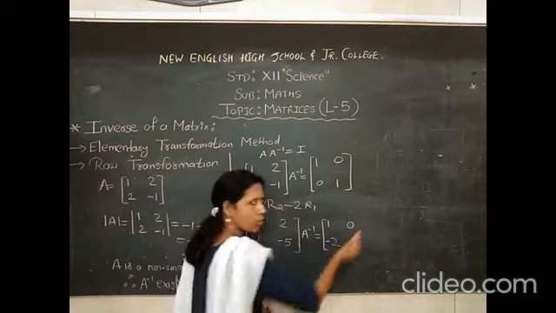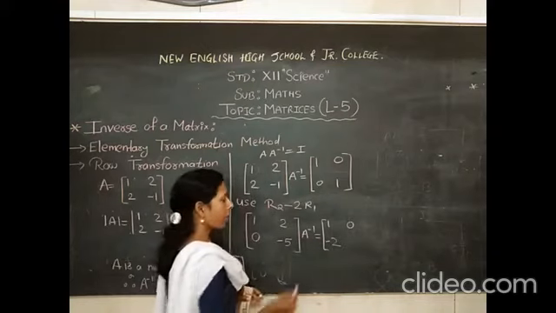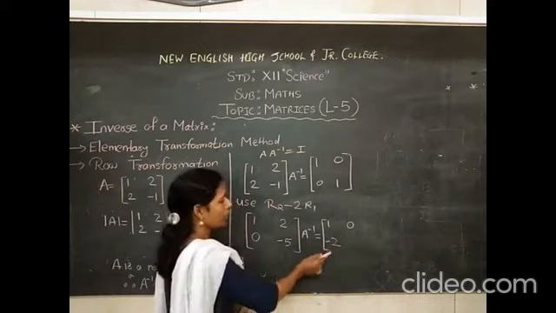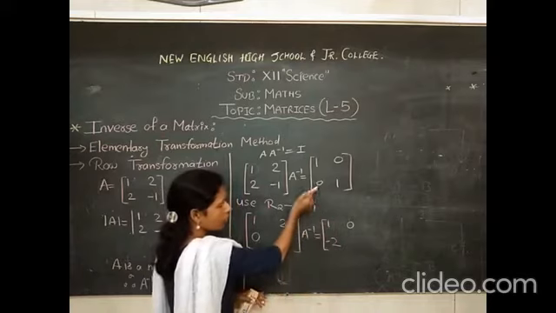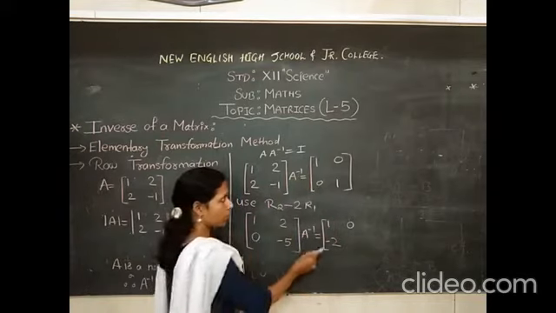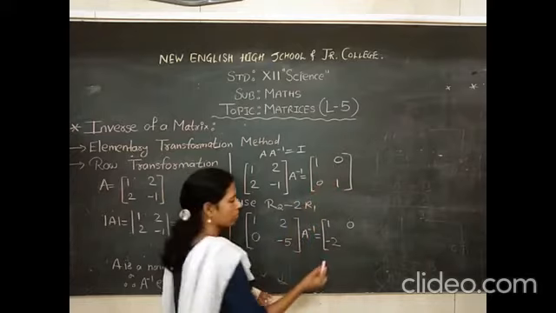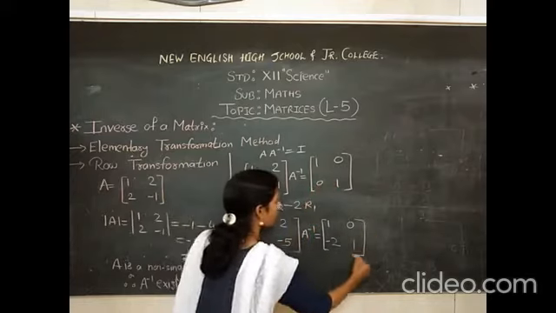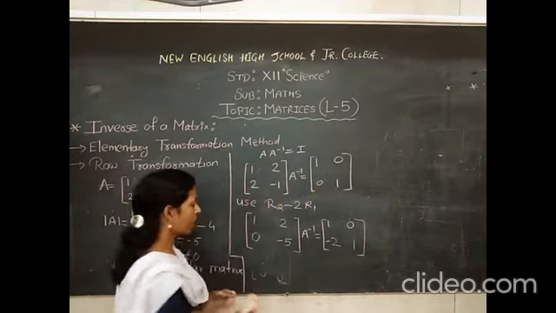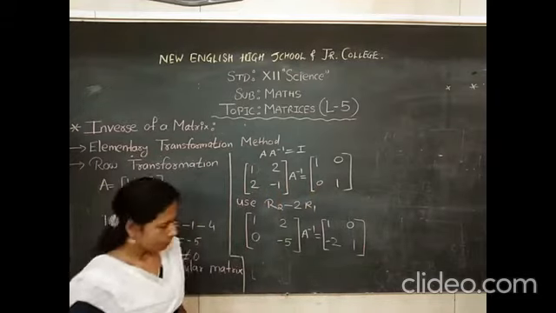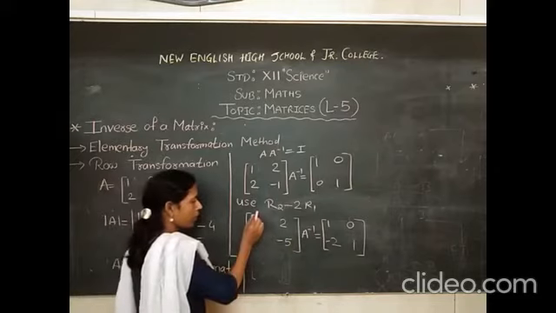If you want, you can do rough calculation. Better you do, instead of making a mistake. 1 minus 2 times 0 will remain 1. Now, we have completed this first column.